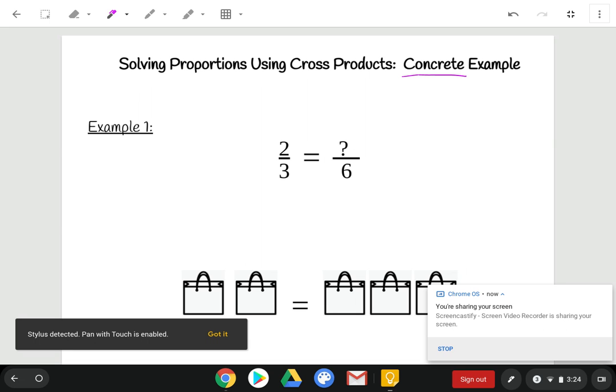Our example one, we have 2/3 is equal to what over 6? I know you can already tell me the answer. That's not the point. The point is to learn how to use cross products. So, where that question mark is, you'll see me stop using a question mark and start using something called a variable.